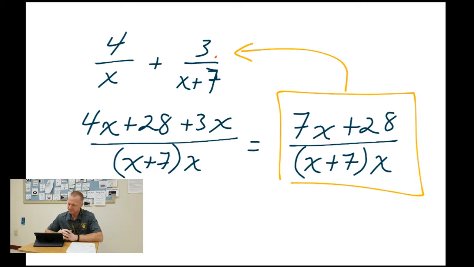Well, what do you think? It looks like the denominators of our two fractions have a pretty good connection to the denominator of our one fraction. But where in the world does this 4 come from?